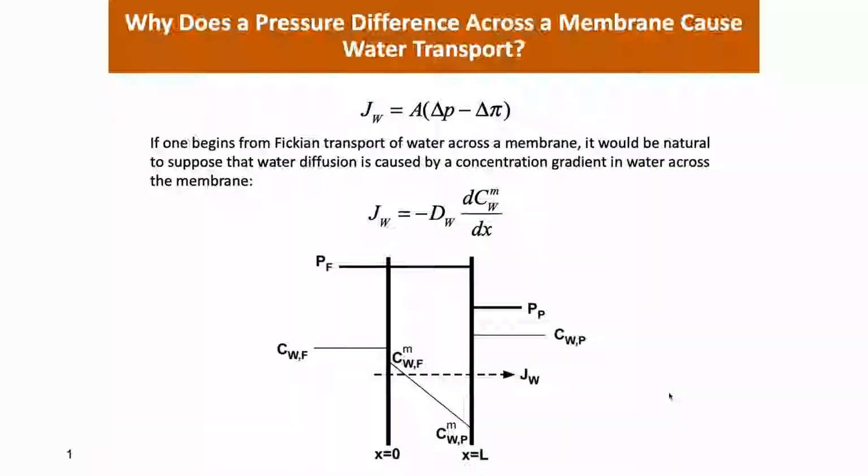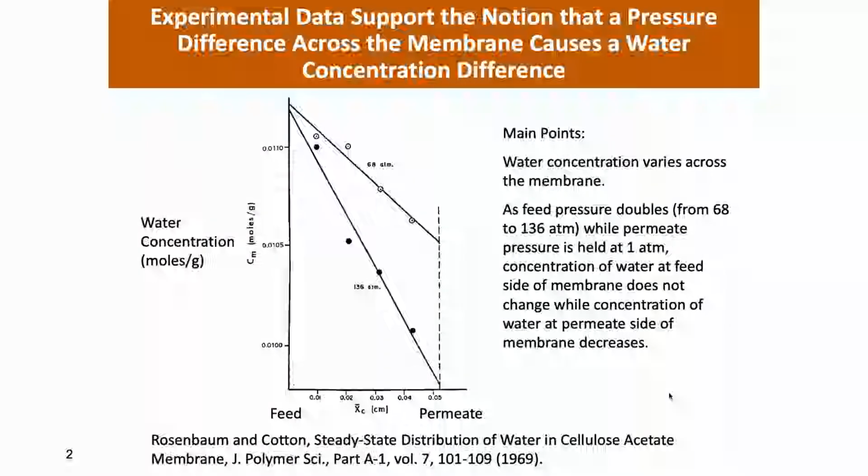And that is a consequence of this pressure discontinuity at the backside of the membrane, that as the feed pressure increases, the chemical potential of water at the backside of the membrane increases, and in order to make it equal to the chemical potential of the low pressure water on the permeate side of the membrane, some water has to desorb from the membrane. And that creates the concentration gradient that then drives the flow by ordinary Fickian diffusion through these materials.